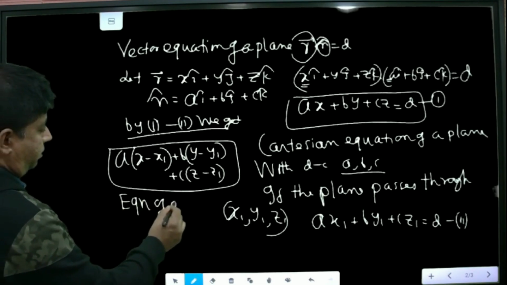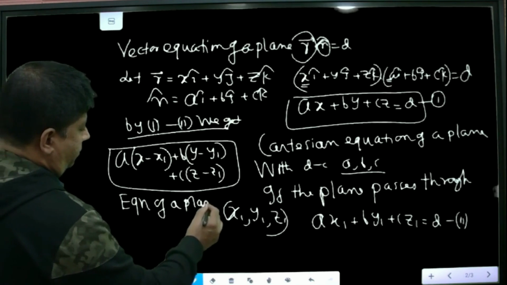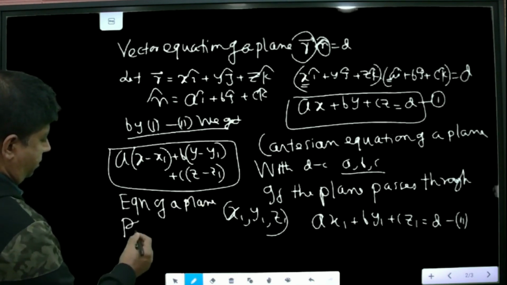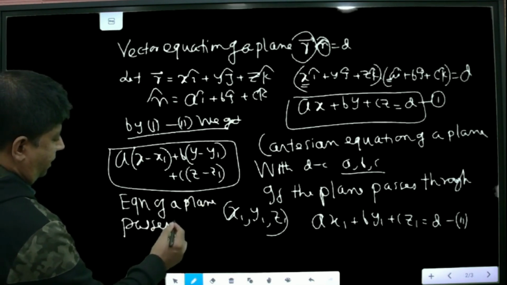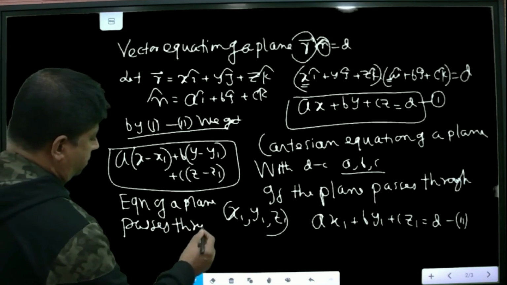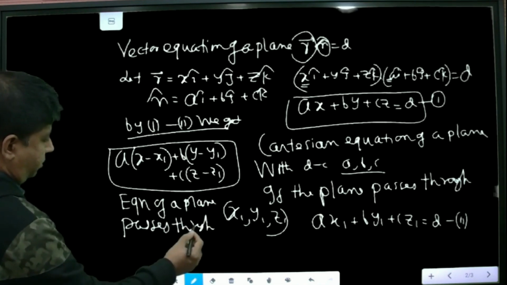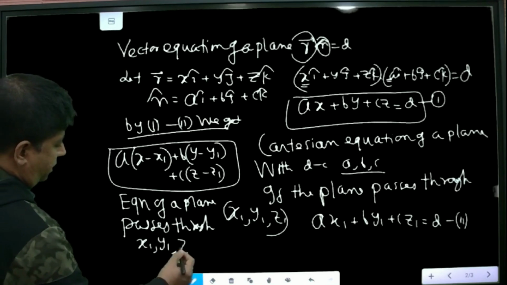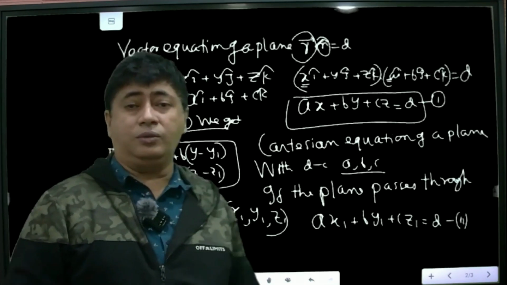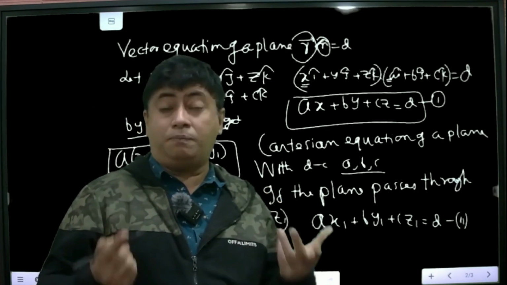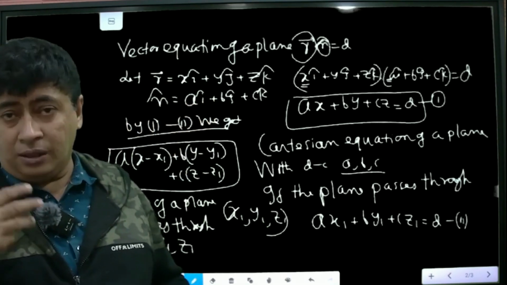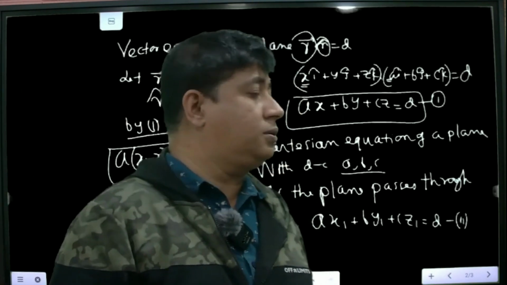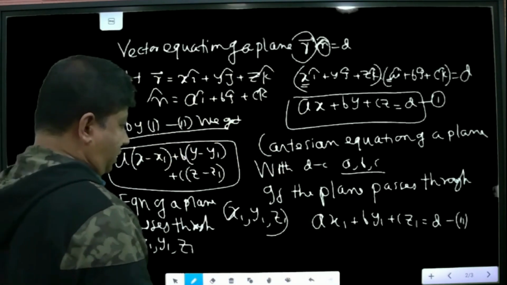Equation of a plane passes through x1, y1, z1. Now what will be its vector representation? Vector equation of a plane passing through a fixed point. What will be its equation?